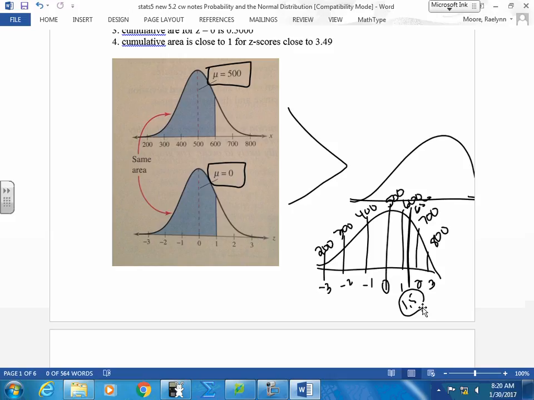We're going to set up probability examples. And we're going to talk about your normal curve. All right, so if you look in your book for 5.2, I can look up what page it is.